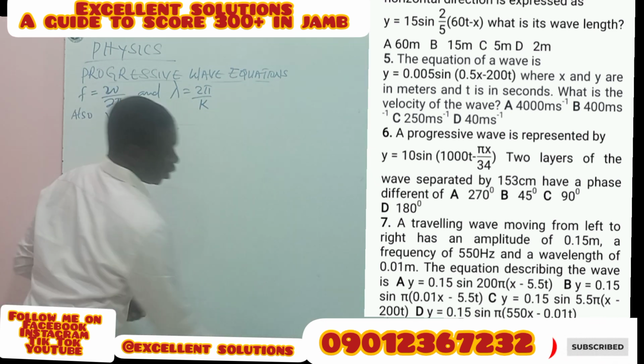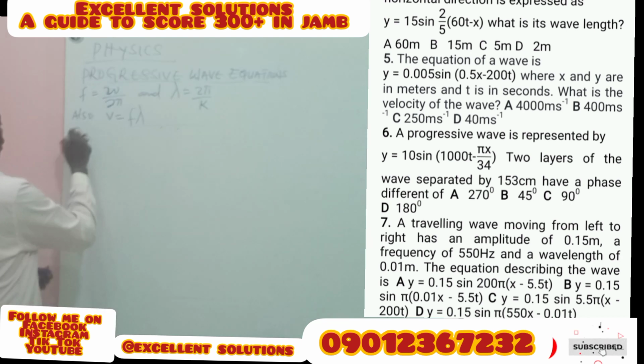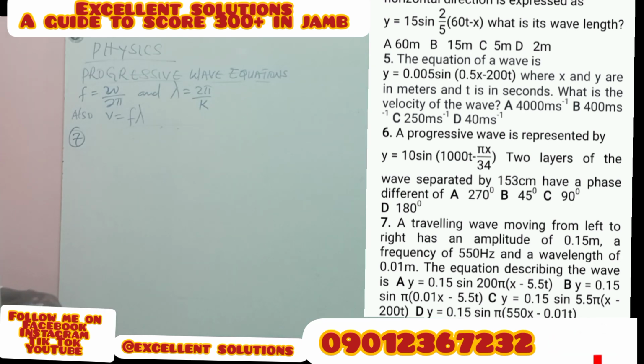The next question is question 7, and question 7 says a traveling wave moving from left to right has an amplitude of 0.15 meters.